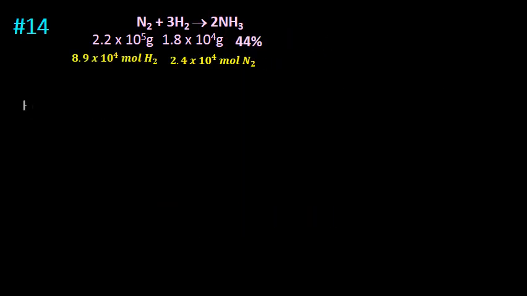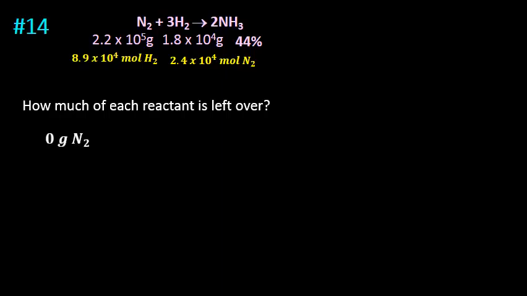The last part of this problem wants to know how much of each reactant is left over. Start with your limiting reactant. Well, that's easy. There isn't any of that left over. Then use that to figure out how much of the hydrogen was used. Because if we use all of the nitrogen, make it go away, how much hydrogen did we have to use to make that happen?